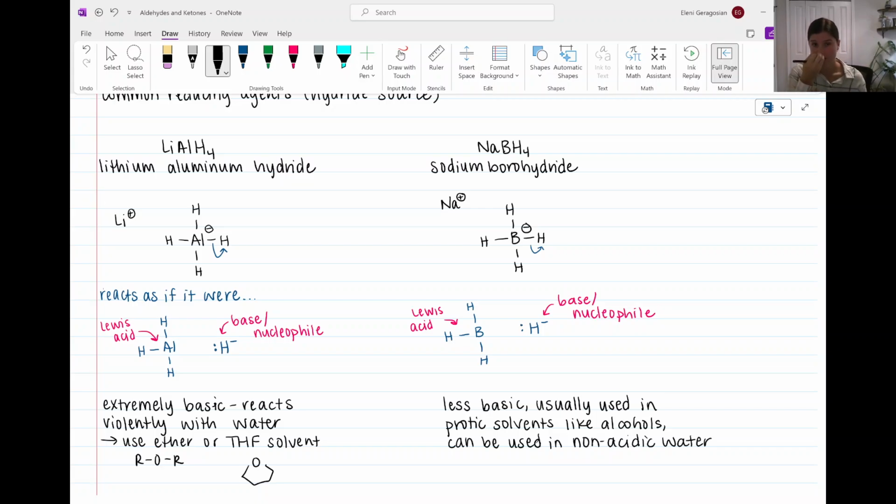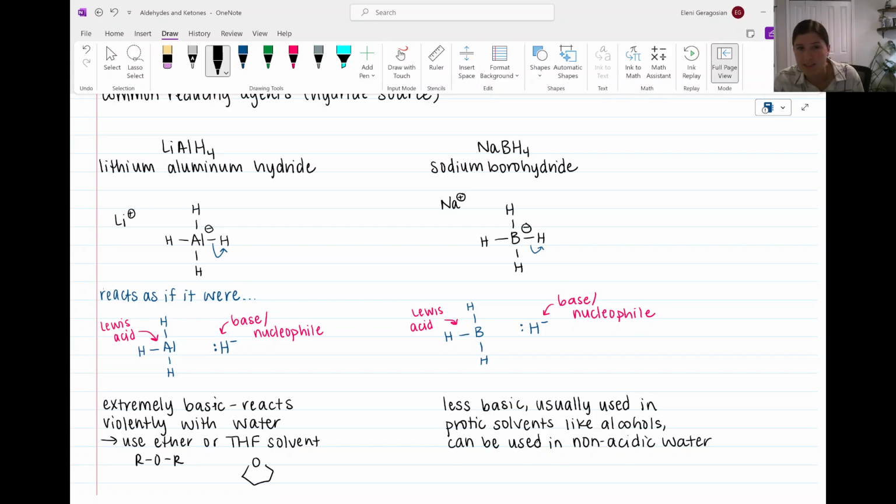And the reason why sodium borohydride is less basic than lithium aluminum hydride is because of the boron versus the aluminum. Aluminum is more metallic, has more ionic character between the aluminum and hydrogen.